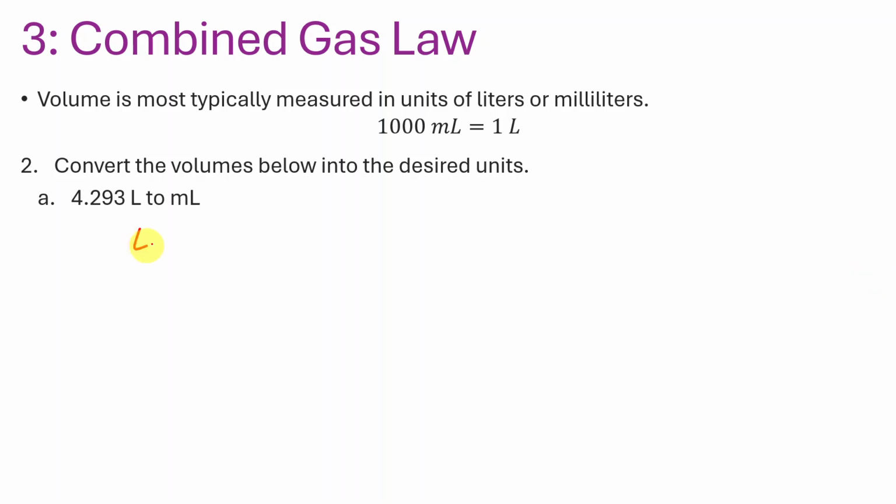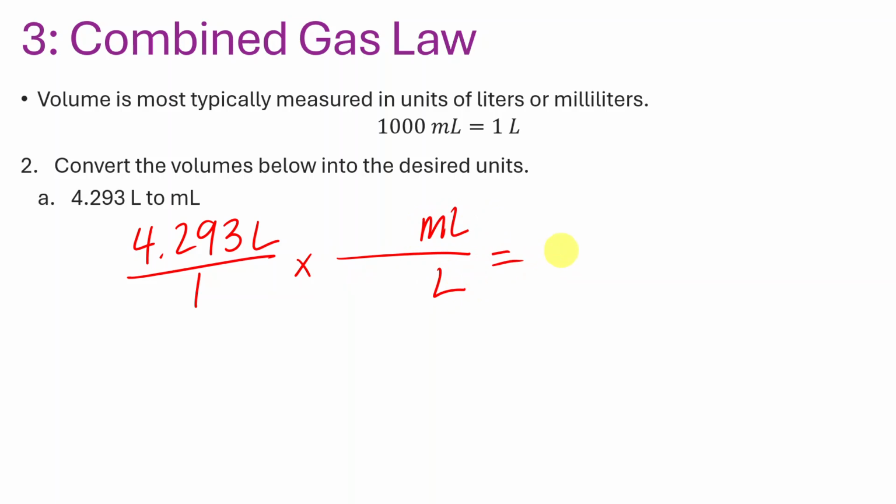So if I have 4.293 liters and I want to convert that into milliliters, I'm going to put units of liters on bottom and milliliters on top. So 1 liter is equivalent to 1,000 milliliters. So to solve this problem, I pretty much just need to do 4.293 times 1,000, and I get this.